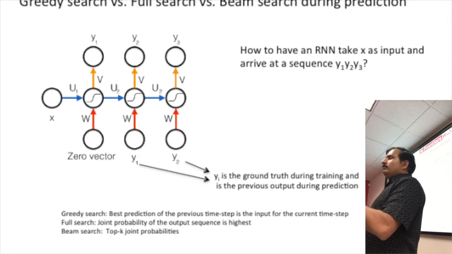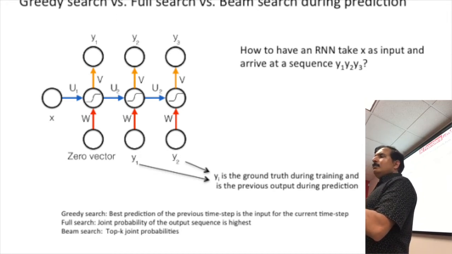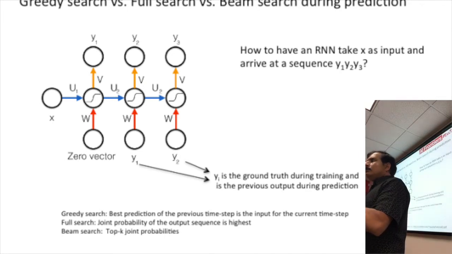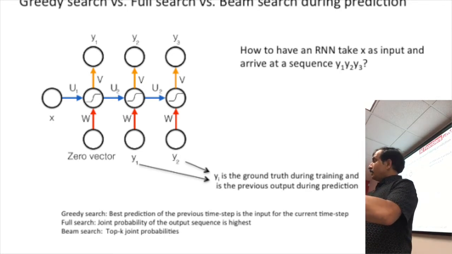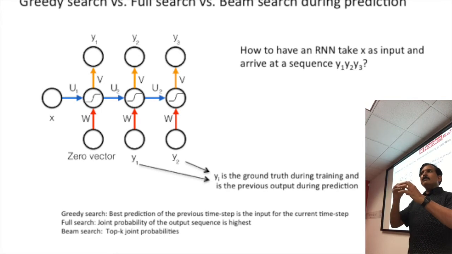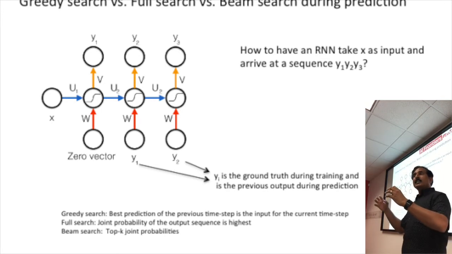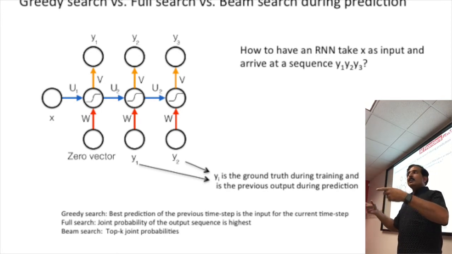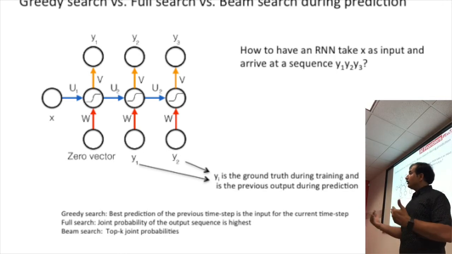The second word can be of the river or bank on the street, because it could be referring to bank as a river or bank as a financial institution. The joint sequence of y1, y2, y3 also has to be collectively high to have your translation or your summarization effective.